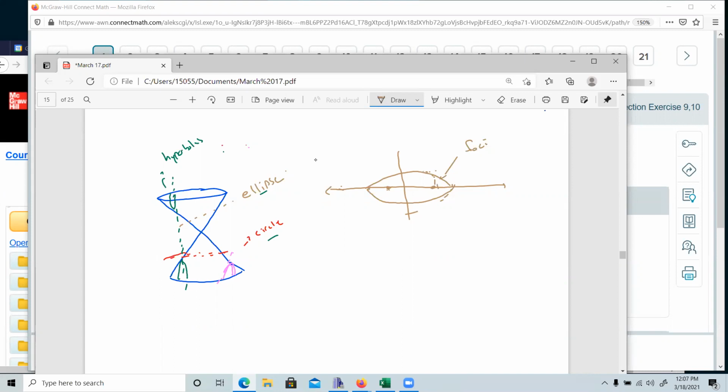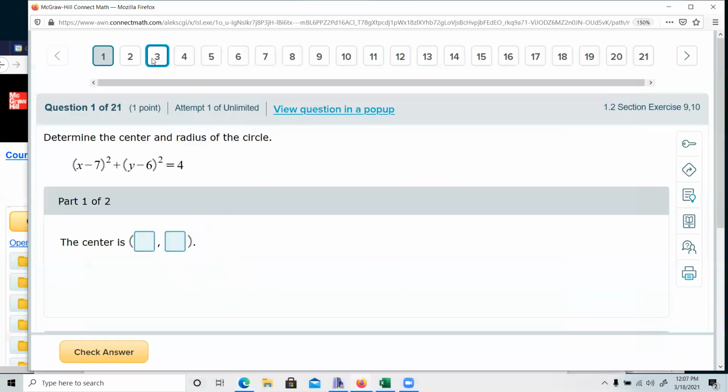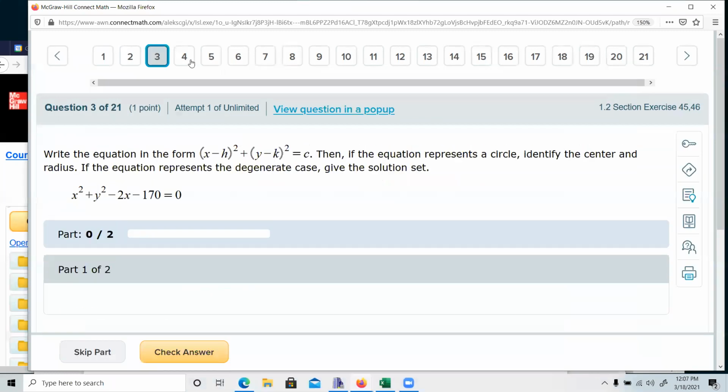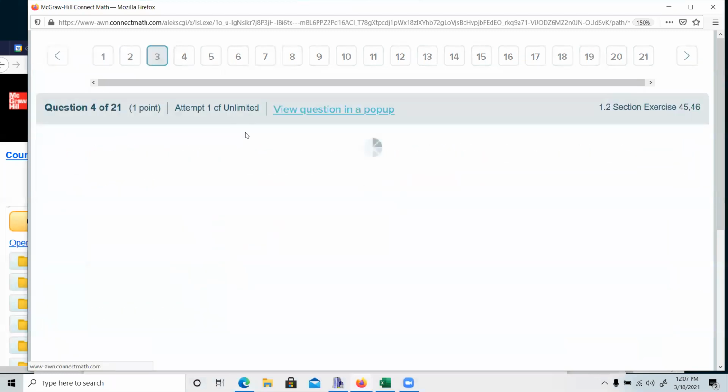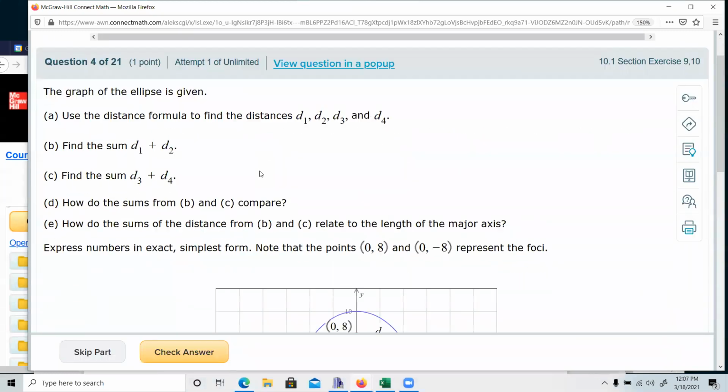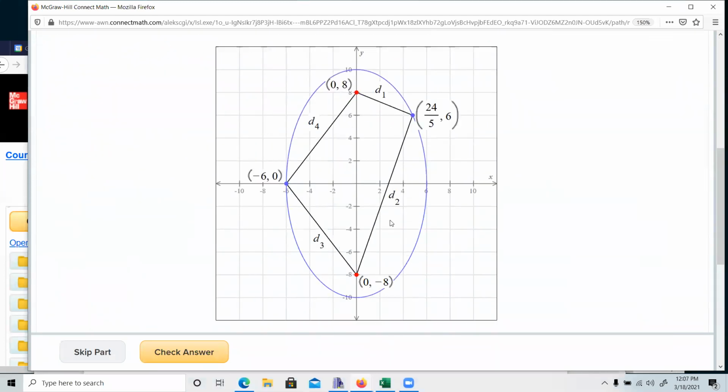So every point on the ellipse, and your problem number, I think 3.4, has you go through and calculate some of the distances here. You should see that the distances between these two points is the same as the distance between these two points. We might do this one today.